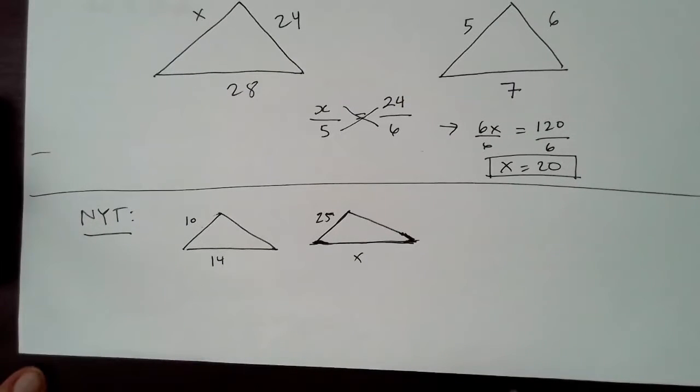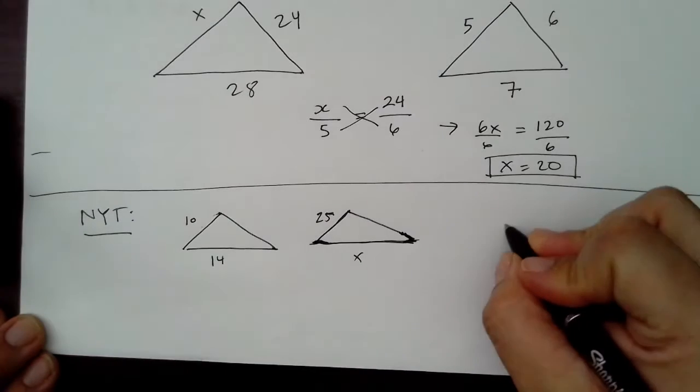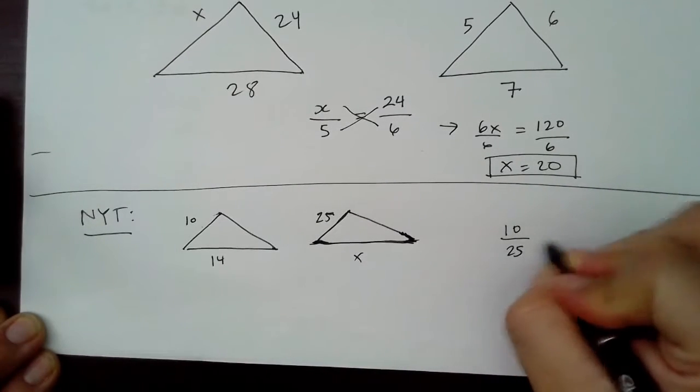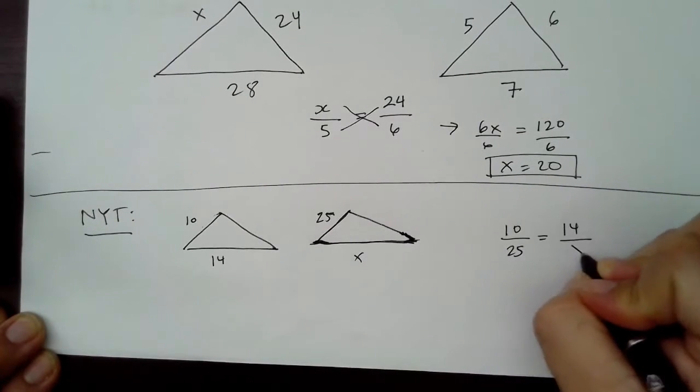Now you try. I'll wait 10 seconds. You can pause it. Okay, so then you have 10 is to 25 as 14 is to x.